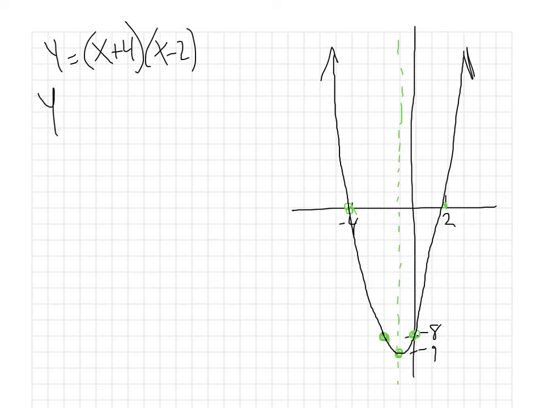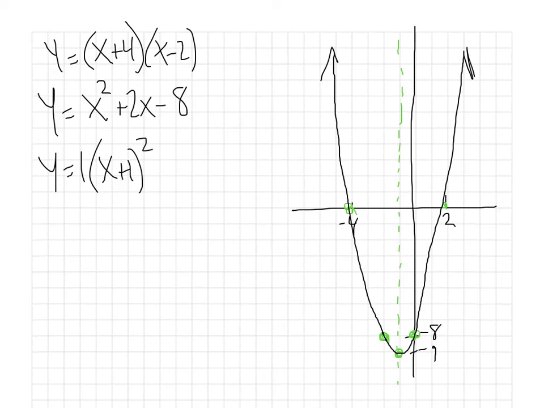It can be represented as y equals x plus 4 times x minus 2. I can also write it as y equals x squared plus 2x minus 8. And at this point, I could even call it y equals 1 times x plus 1 squared minus 9, because my vertex is at -1, -9.